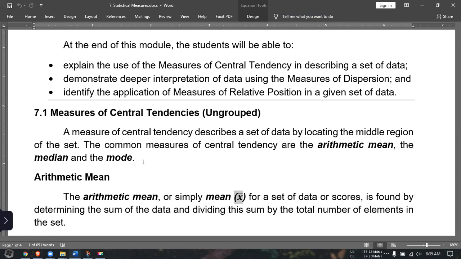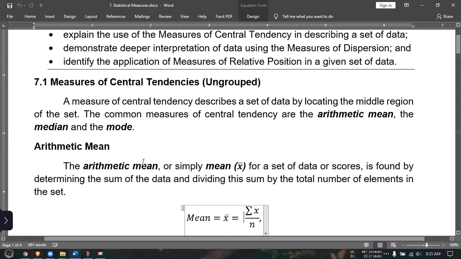Now we have two cases here. If we have a simple mean, we'll be using this formula: x bar is equal to the summation of x over n. We have the Greek letter sigma, which means to sum up, and we have x.